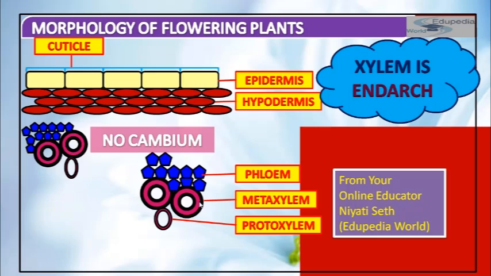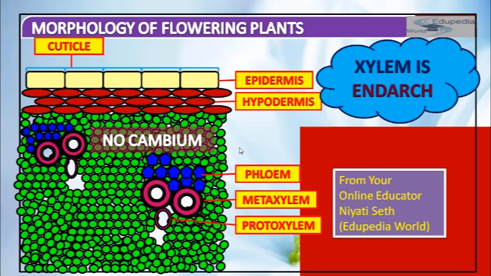If protoxylem is present inside and metaxylem is present outside, then that condition is known as endarch, students. And if protoxylem is present outside and metaxylem is present inside, then that position is known as xylem exarch.